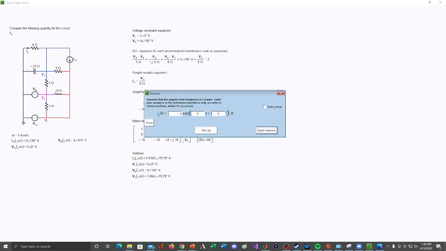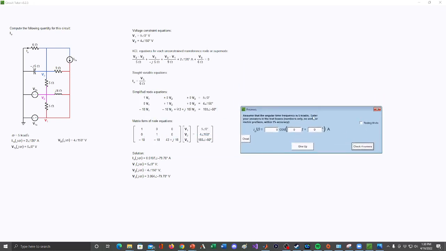And then in the time domain, all right, I'm not going to be super accurate on this one. So then all we have to do is go back to the time domain. So this is 0.5107. Assume that angular frequency is 5 kiloradians per second.